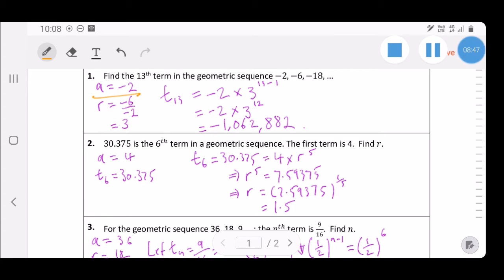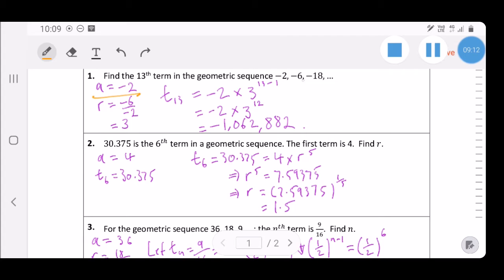That's the first term. Now, in an arithmetic sequence, to get the common difference, we would do T2 minus T1, or we would do T3 minus T2. Okay, we do something similar for geometric sequences, except instead of minus, we do divide.